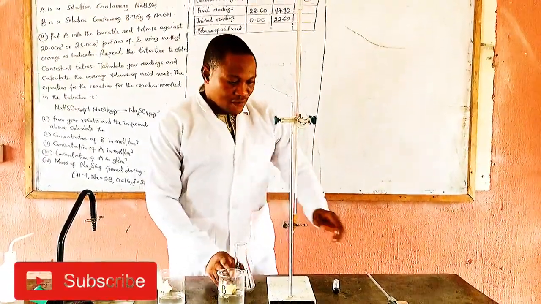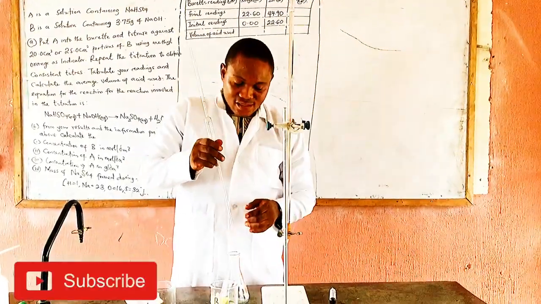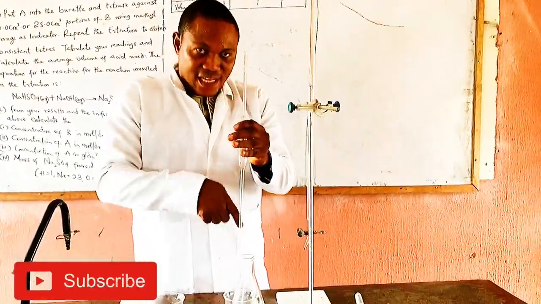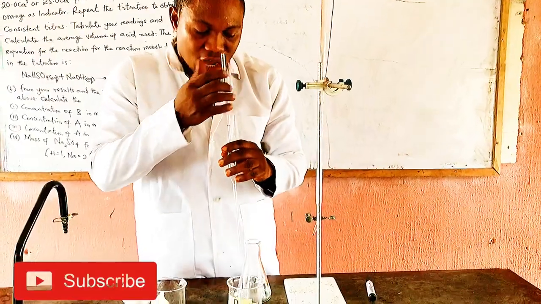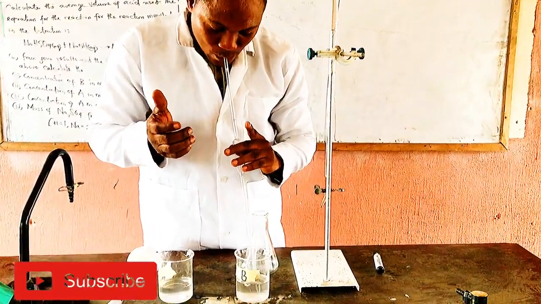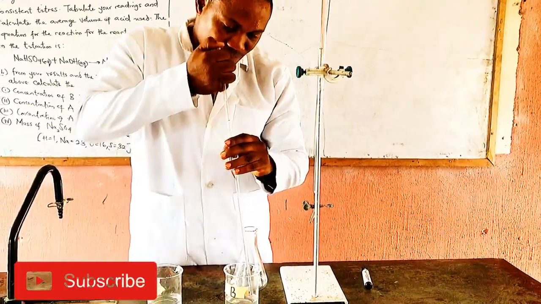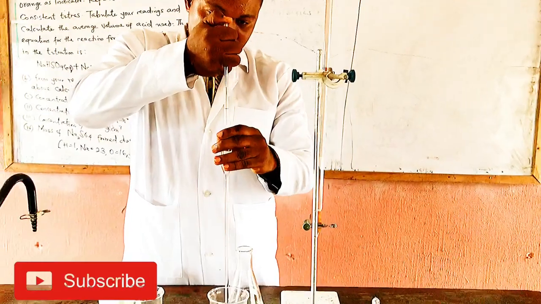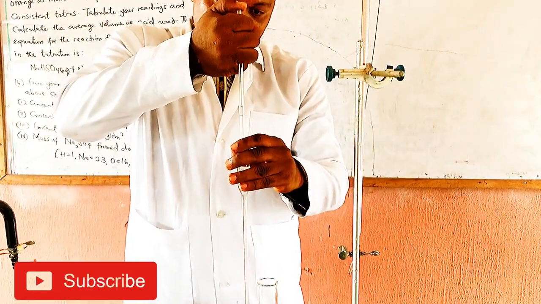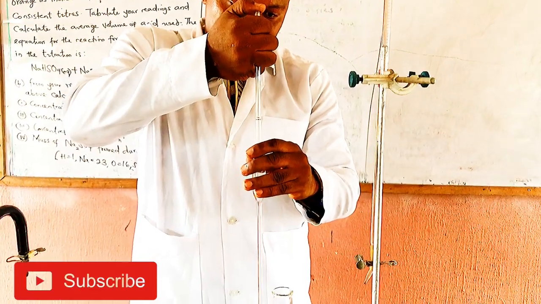Okay, now the same thing again I'm doing for this. Titrate this, okay? I'm pipetting B again into this very particular conical flask. So I pipette, using my pipette now. Okay, gently, gently.